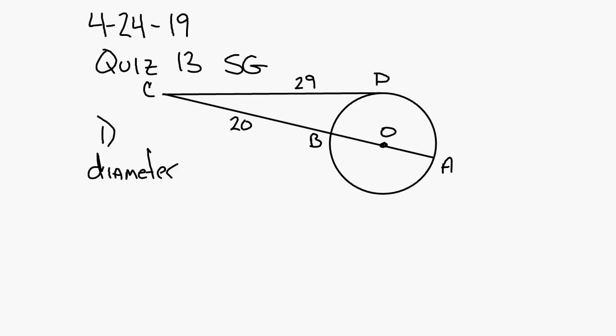And the diameter would be represented by this segment BA, which is a chord that travels through the center. So if you put the variable x right there, okay?